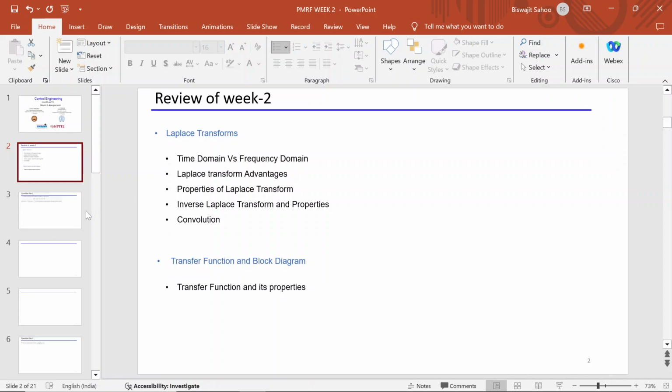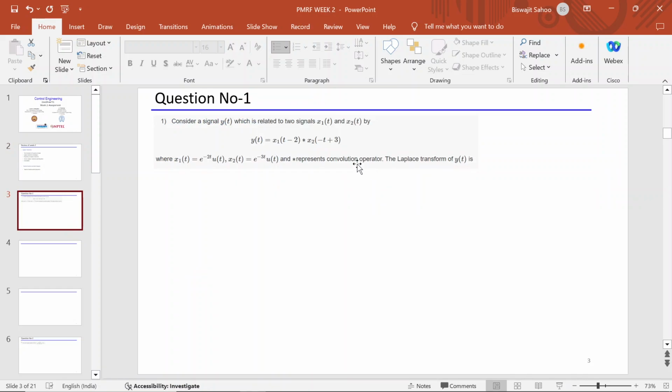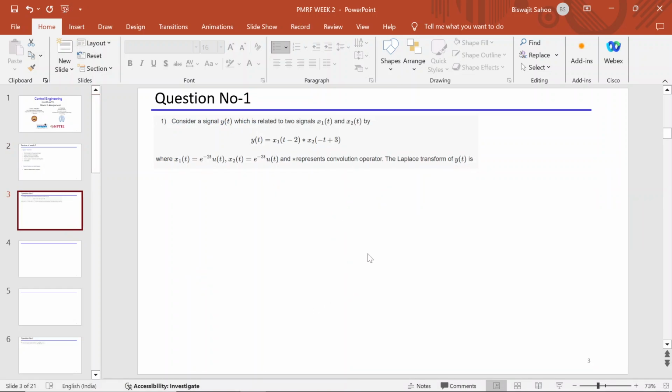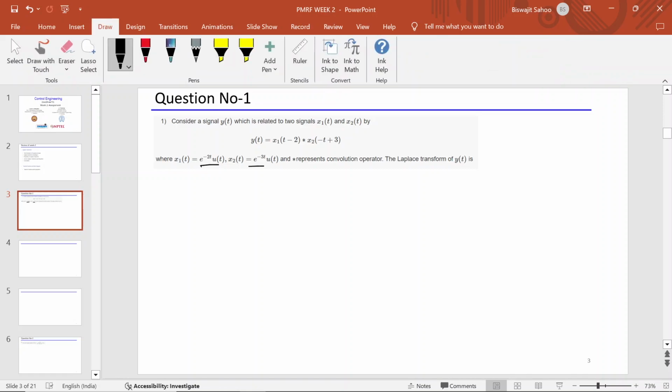So let's go to the first problem. Here the first question is related to convolution. Two signals are given, x1(t) and x2(t). x1(t) is e to the power minus 2t u(t), and x2(t) is e to the power minus 3t u(t).